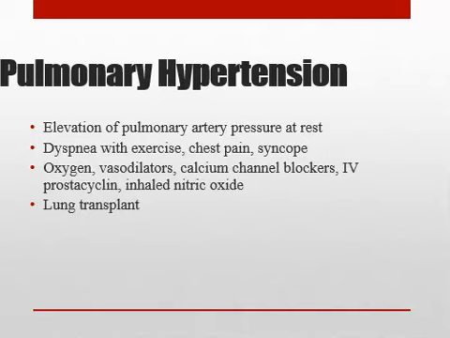They usually require oxygen, vasodilators, calcium channel blockers, IV prostacyclin, and inhaled nitric oxide. The prostacyclin is a vasodilator, and it inhibits platelet aggregation, and that inhaled nitric oxide is also a vasodilator.